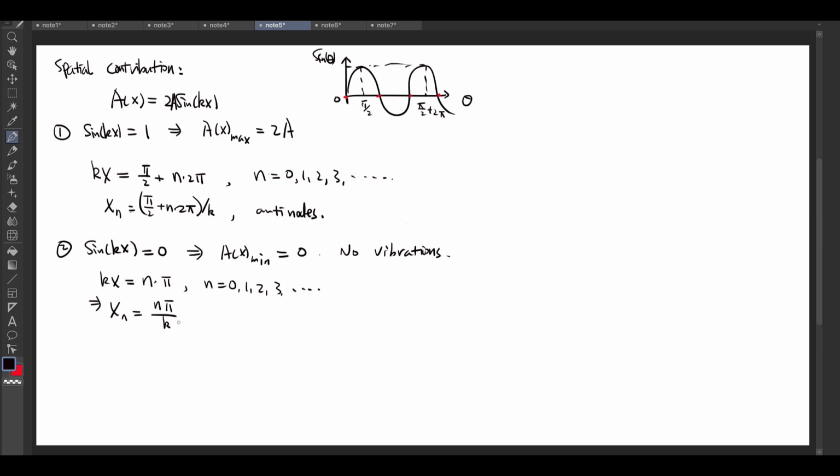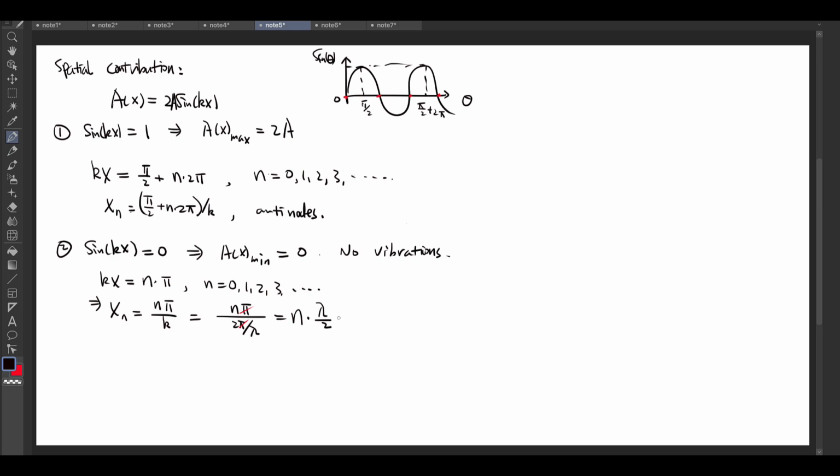Now let's do something more here. Let's say we know k is 2 pi over lambda. Okay, so if I replace k by that, then I cancel out this pi and this pi here. And then n goes to the top, so we get n times lambda over 2.